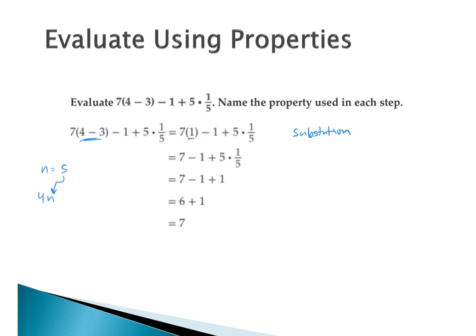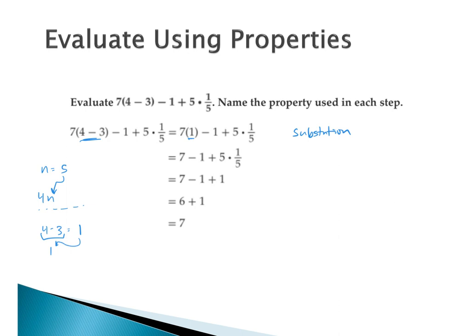But we can also replace expressions with numbers. What I mean by this is what just happened. If I say 4 minus 3, well, 4 minus 3 is 1. I replace the expression 4 minus 3 with the value of 1, and I put that 1 in the spot where the expression used to be.